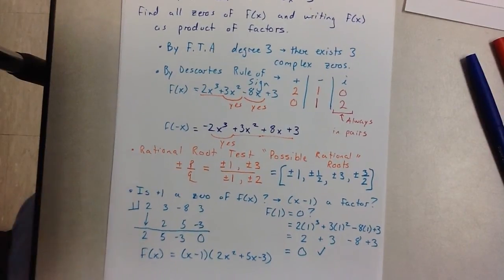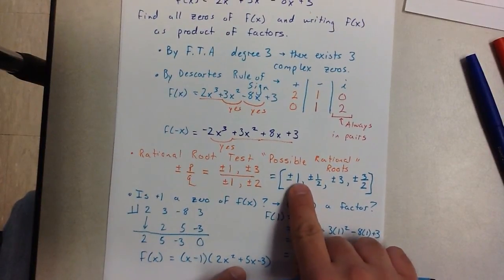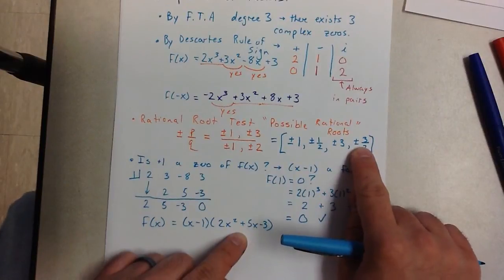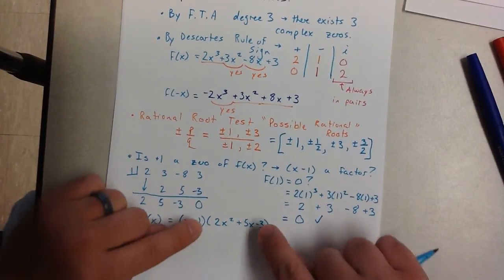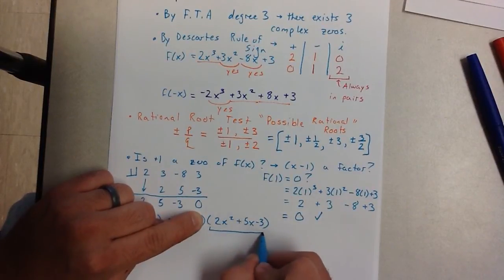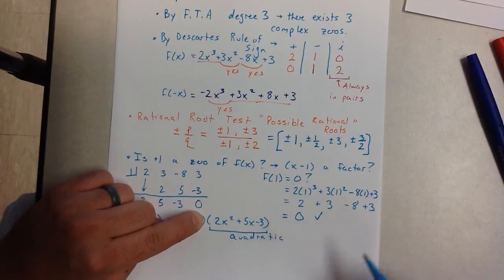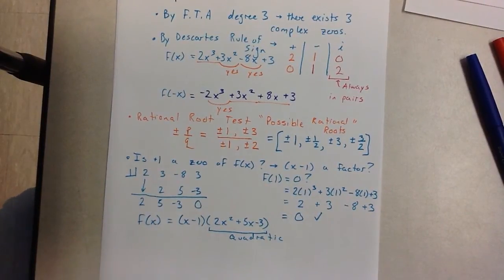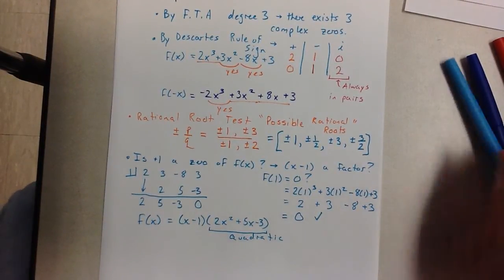If I want to factor it again, I could choose another number off of our list and plug it in and hope I get 0. But for any quadratic function, we can use our factoring methods or the quadratic formula.